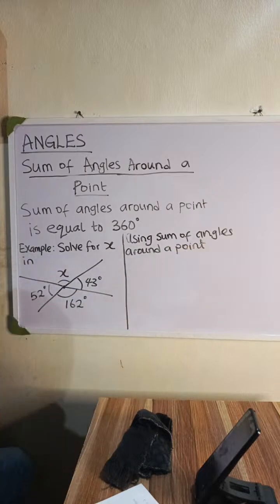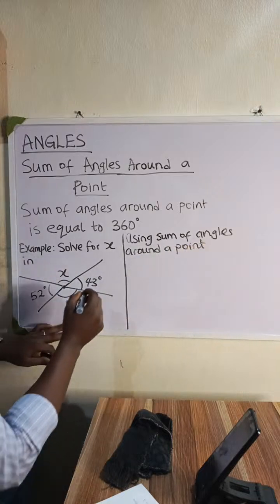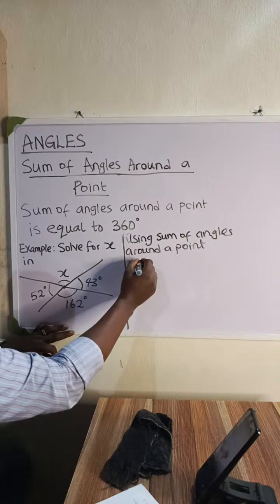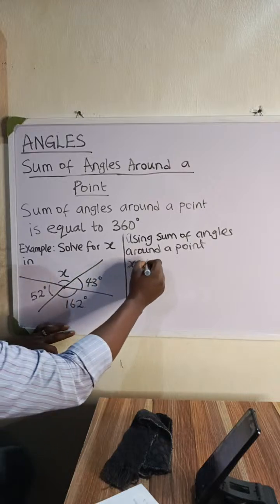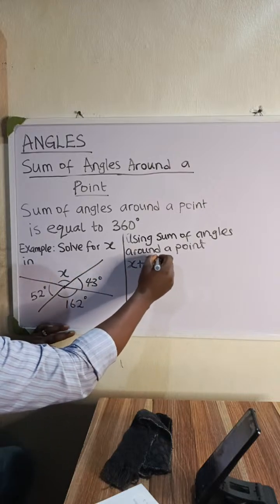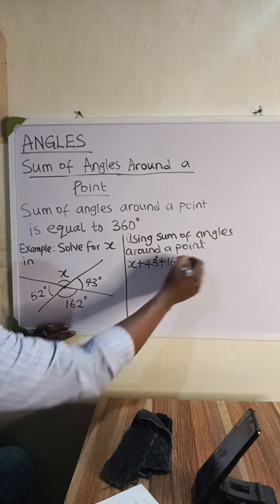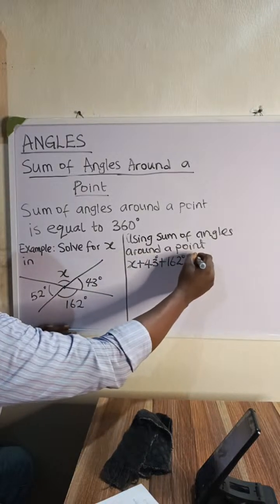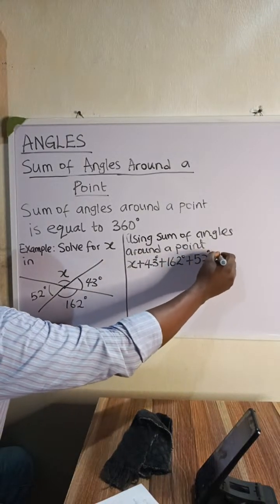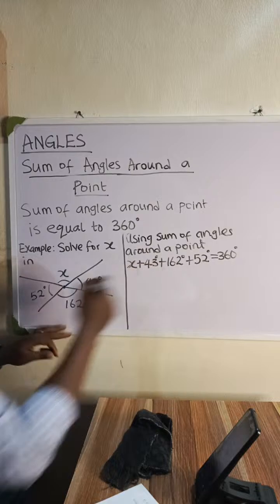So using sum of angles around a point, we have x plus 43 degrees plus 162 degrees plus 52 degrees is equal to 360 degrees. Okay.